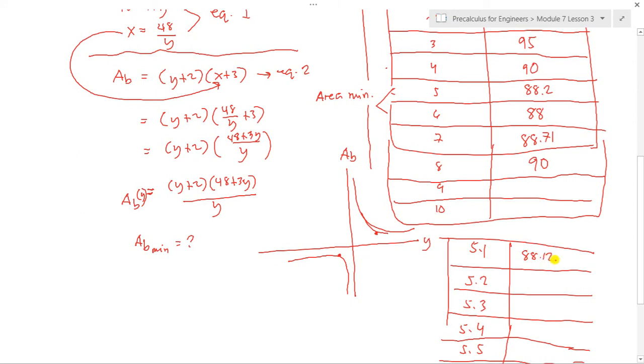So 5.2, 48 times 3 times 5.2 divided by 5.2. The answer is 88.06. And then how about 5.4? So I think mugamay pa siya pa ng 88. So I think wala siguro ilain.